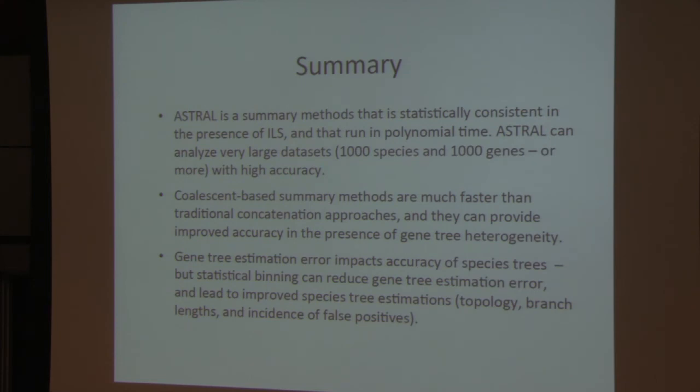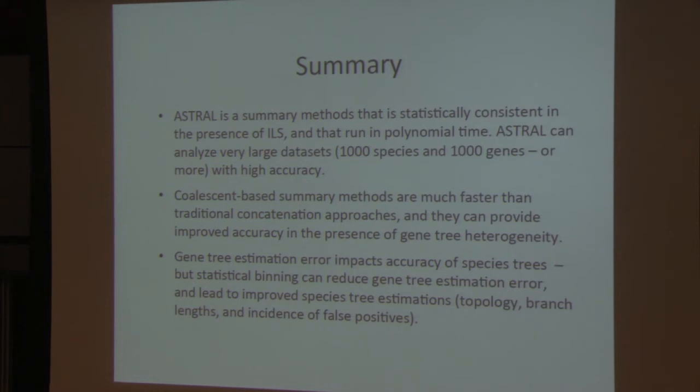So the summary, Astral is a statistically consistent method. It combines gene trees. When the gene trees have estimation error, there are no guarantees about statistical consistency, but it has very good performance in practice. And it's actually now the thing that's replacing, complementing concatenation analysis.